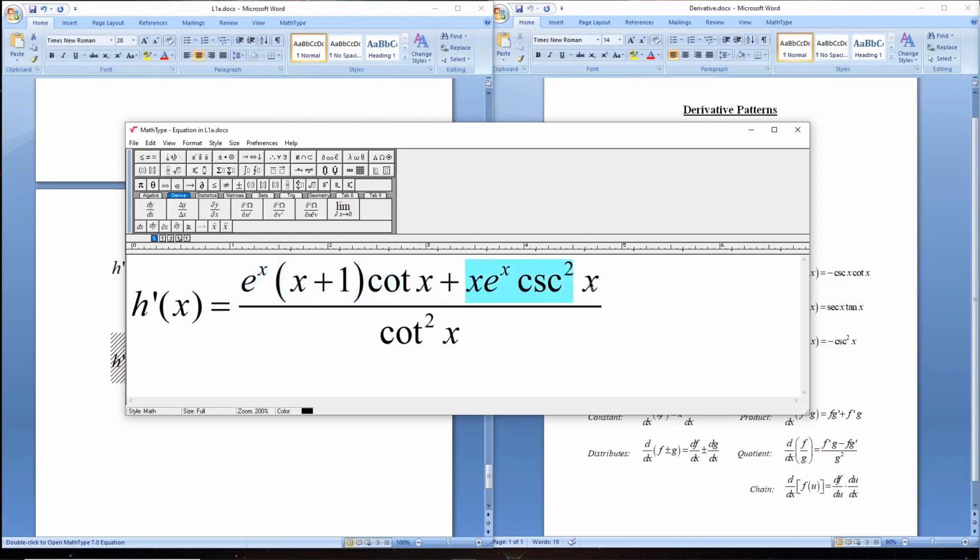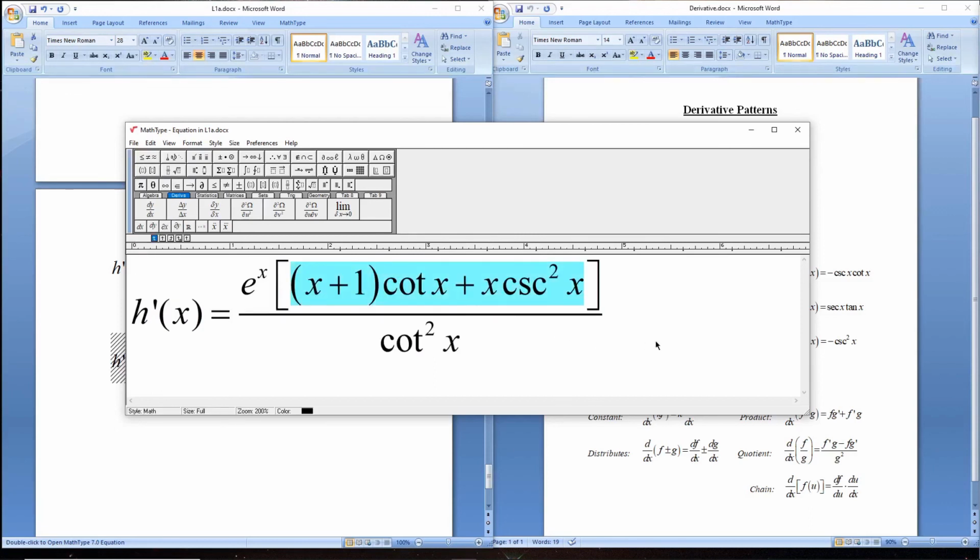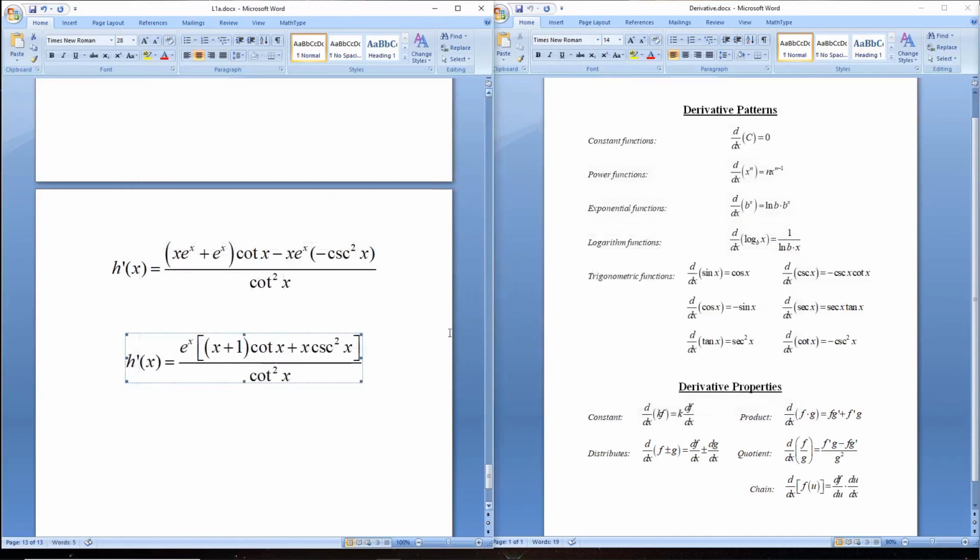There's an e to the x in the second term, which means we can factor an e to the x out of both of those. And that's the best we can do. That's our final answer.